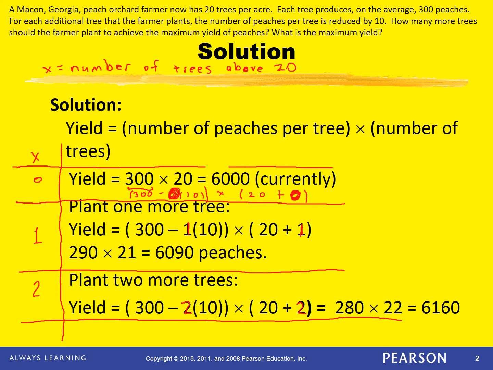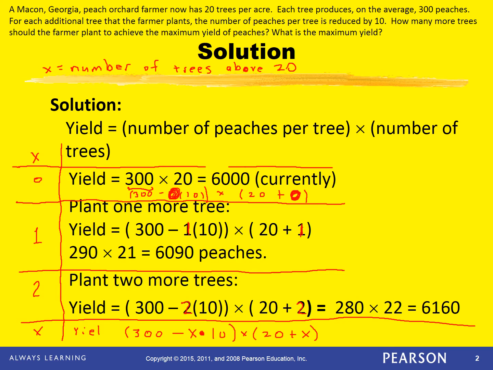And now let's generalize to x. What if you had x? Well, then the yield will be 300 minus x times 10, times 20 plus x.